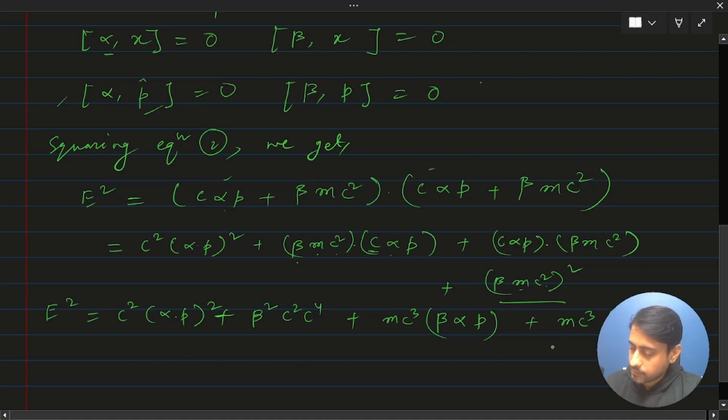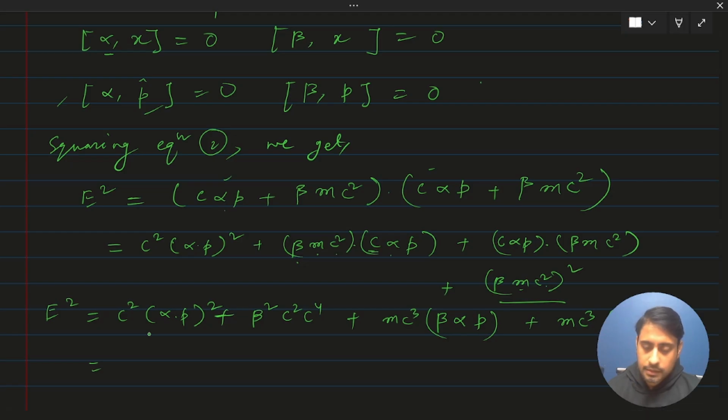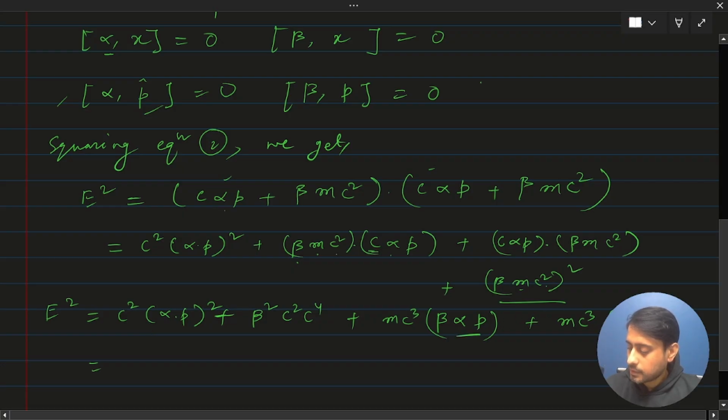Can we simplify it in some appropriate way? We can write it as alpha dot p. These two terms alpha p and p alpha, we can reverse this.